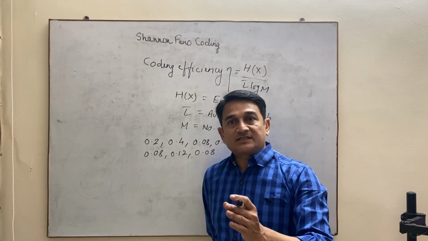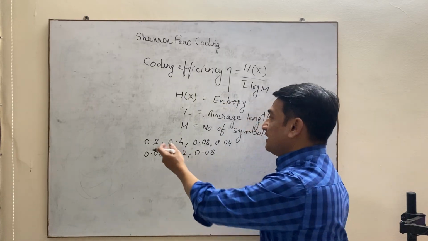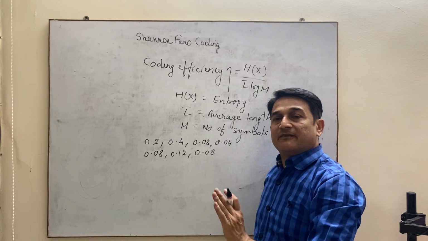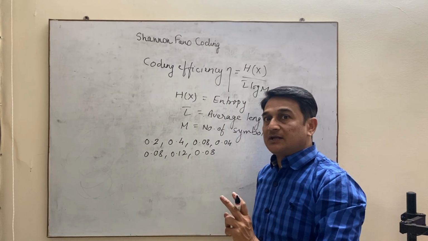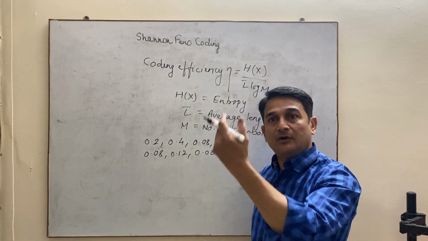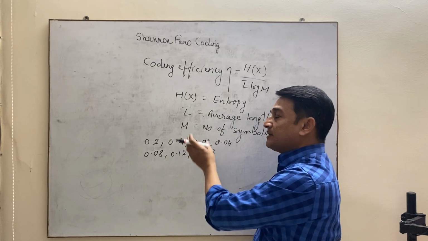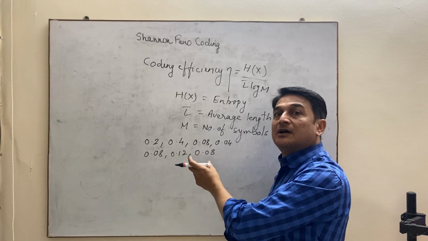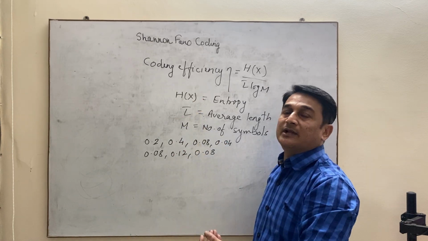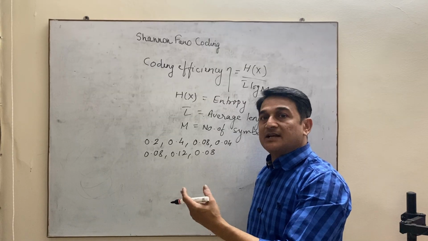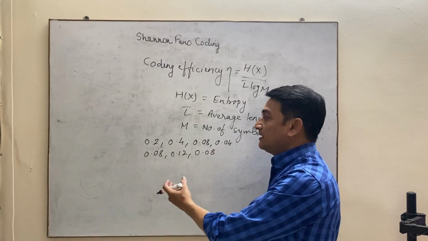The very first step to solve this problem is very essential; if you forget that step, the whole problem will be incorrect. The first step is to arrange all the probabilities in descending order, and after that we will perform the second step, which I will discuss.